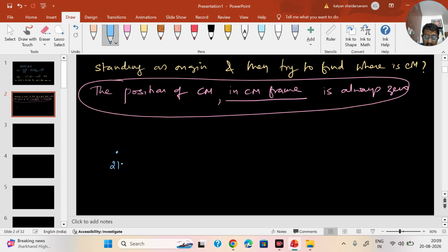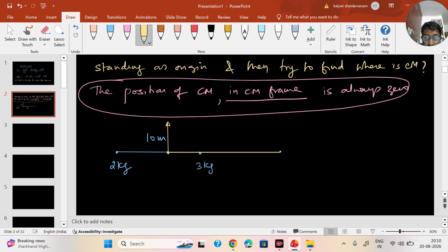Suppose there is a 2 kg particle and there is a 3 kg particle, and both are separated by 10 meters. And suppose I took my origin here. This is my y-axis, and this is my x-axis.